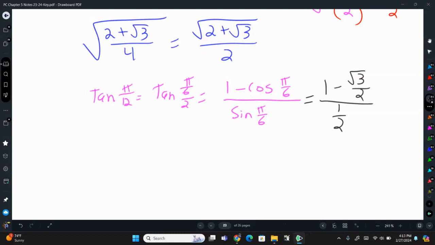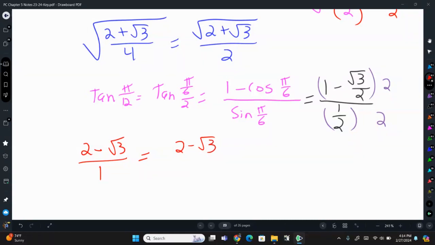Well, now I have the square root of 3 over 2 in the denominator, and I just didn't want to deal with that. So we'll multiply the top by 2 and the bottom by 2. And that gives us 2 minus the square root of 3 over 1. 1/2 times 2 is 1. So this is just going to equal 2 minus the square root of 3.